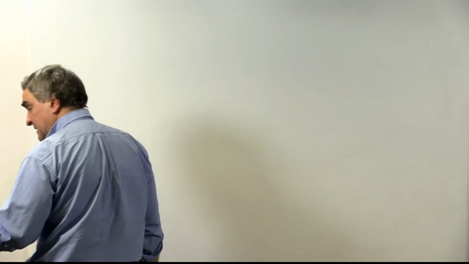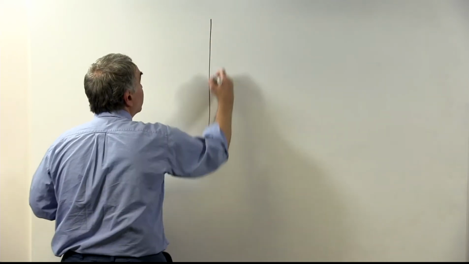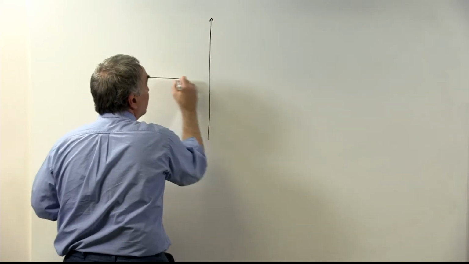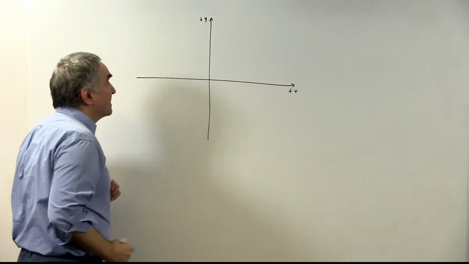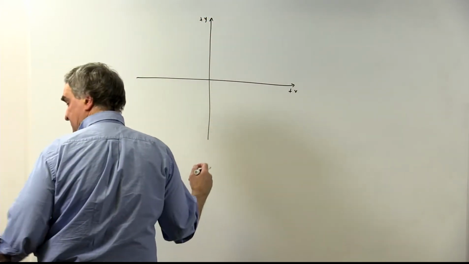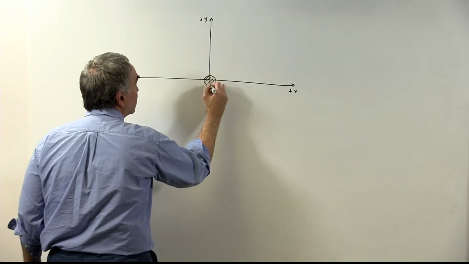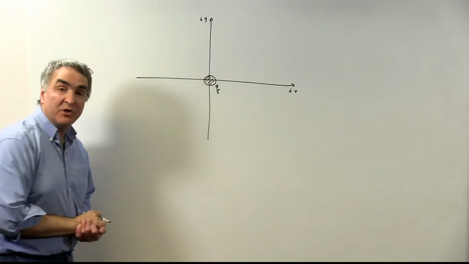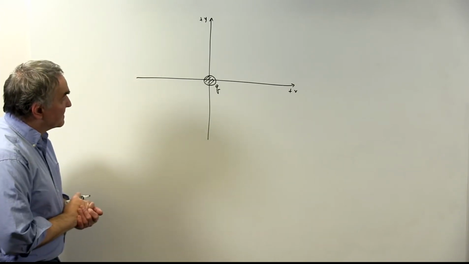Now, it's hard to just sit and listen to a problem like that when you can't see it, so I'm hoping you're looking at your textbook right now, but if not, I'm going to set it up for you. We've got some mysterious charge here. We'll call its charge Q, and it's sitting at the origin of the coordinate system.